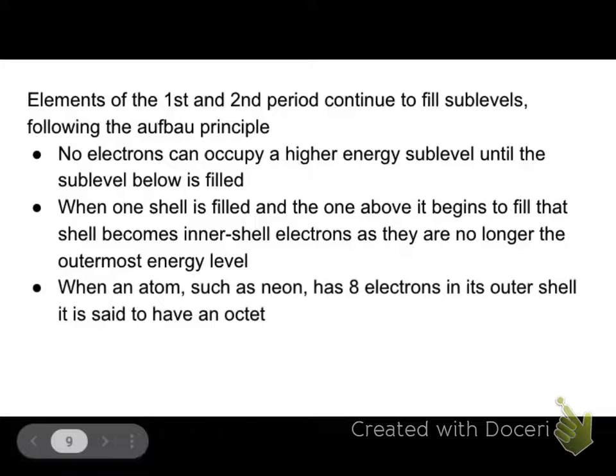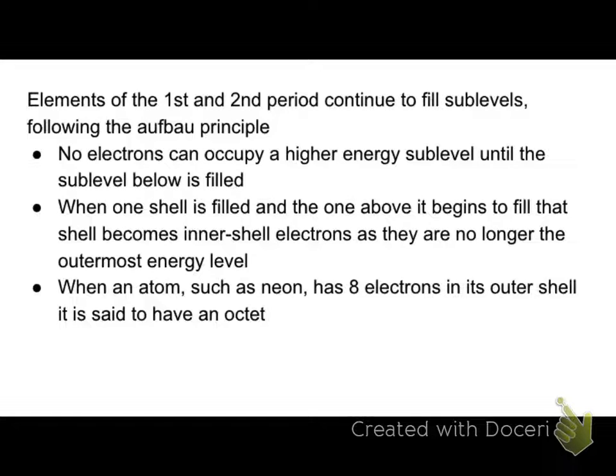When an atom, like neon, has 8 electrons in its outer shell, it is said to have an octet. Having an octet makes you extremely stable as an atom. You are not likely to interact with other atoms if you have an octet because your outer shell is completely full.